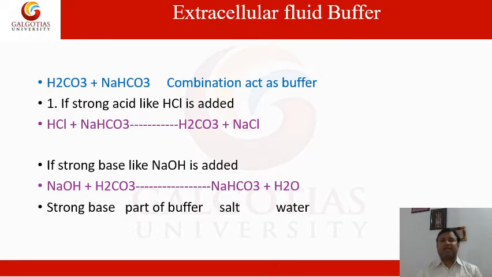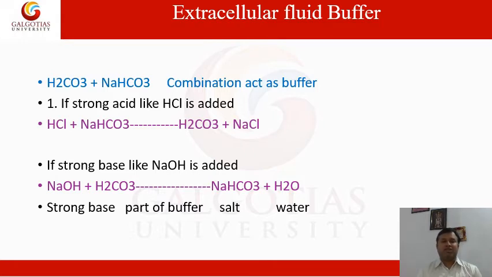Another buffer is the extracellular buffer. In the body, in the cells of the human, the combination of carbonic acid plus sodium bicarbonate acts as a buffer solution. So what will happen if hydrochloric acid is added inside the cells? If a small amount of hydrochloric acid is added, sodium bicarbonate of the buffer solution will combine with the hydrochloric acid and neutralize its effect, because it converts the hydrochloric acid into the weak carbonic acid.